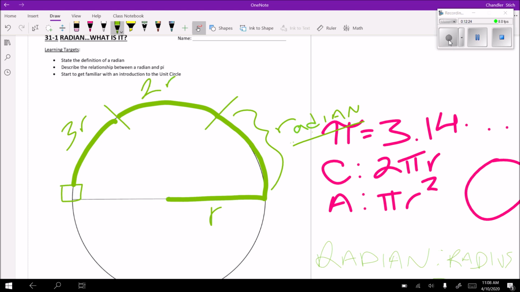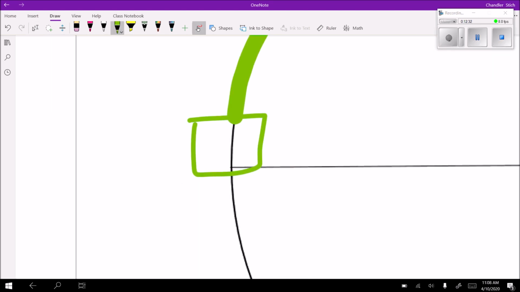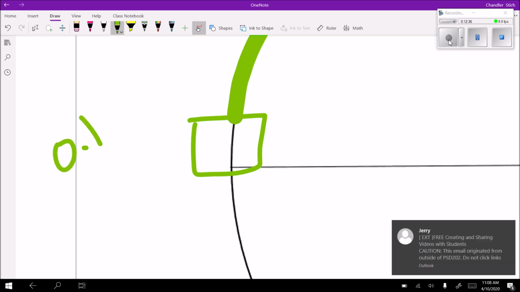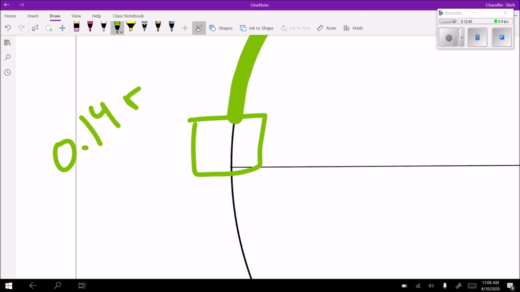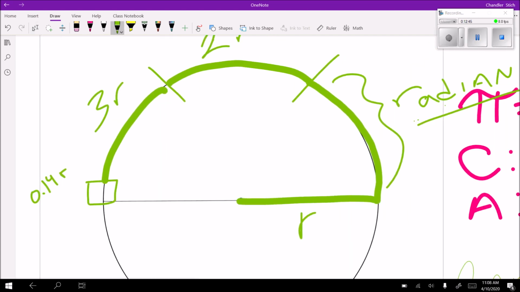All right, so maybe it's starting to get to you. This little bit, I'll give it to you, is 0.14r. So that little bit is 0.14r.